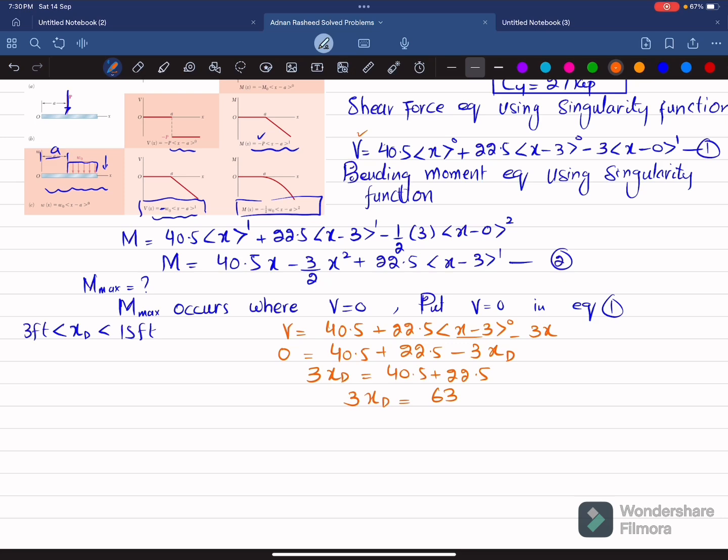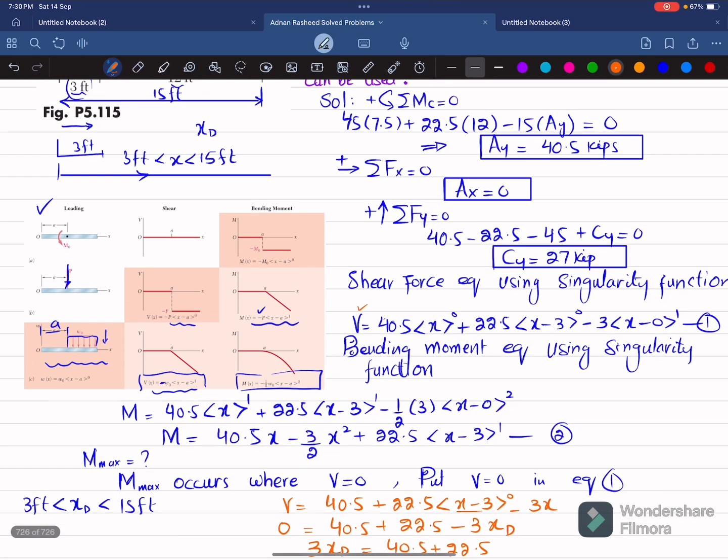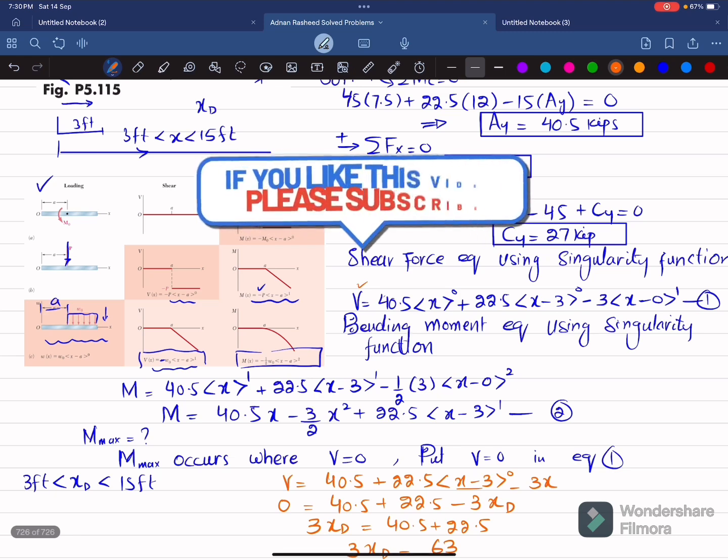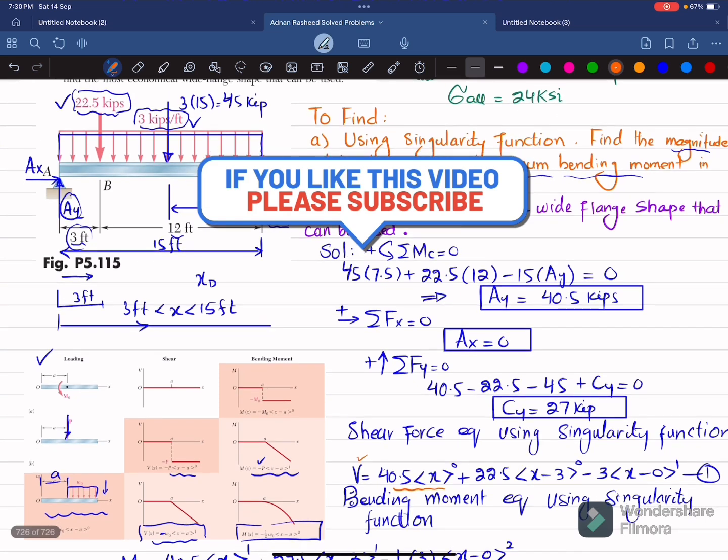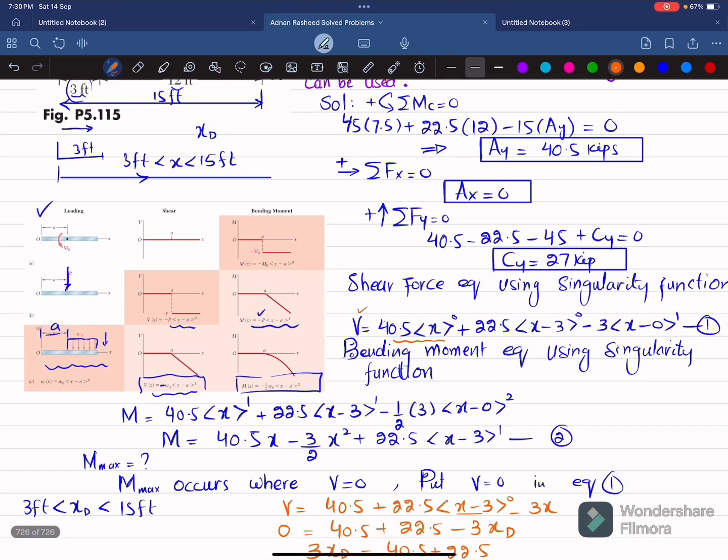I think we have made a mistake. Let me check it over here. This is correct because the load is upward. This 22.5 load is downward. So you can see this equation is minus P into x minus a power 0 for downward. So it should be negative. So let me correct it. This is negative. And this is also correct.